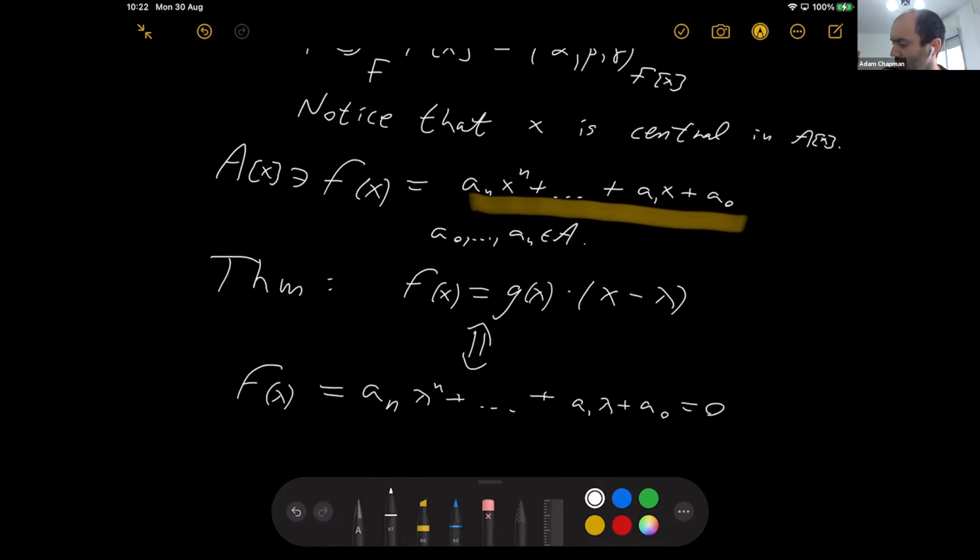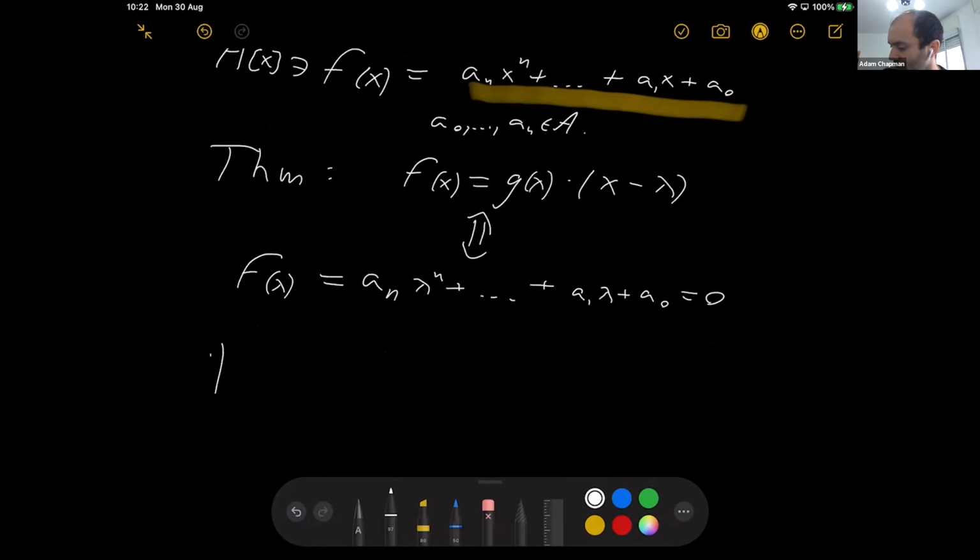I'll call it a proof this way, but it's not a proper proof. If you want to read the proper proofs, you need to go to the paper. But the idea is that if you only take some coefficient, let's say a_k and x to the k, and you subtract a_k times lambda to the k, then since x is central, you only have two elements here that are not coming from the center, a_k and lambda.